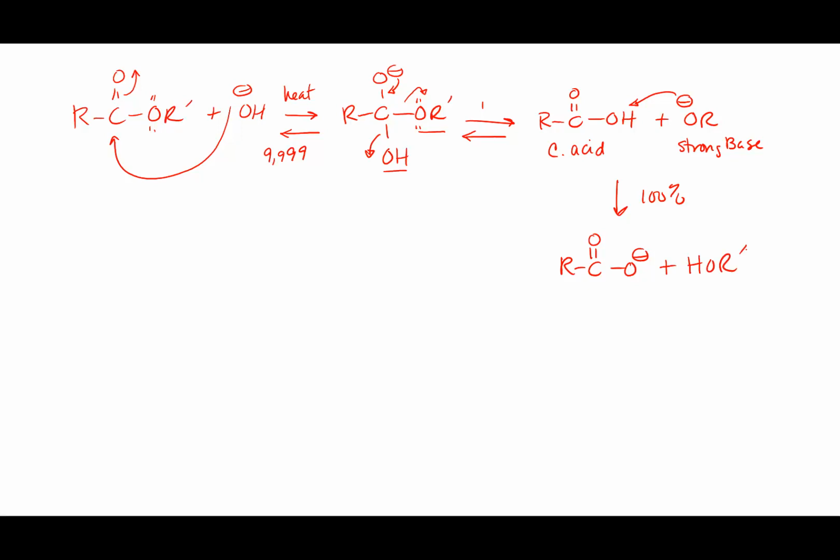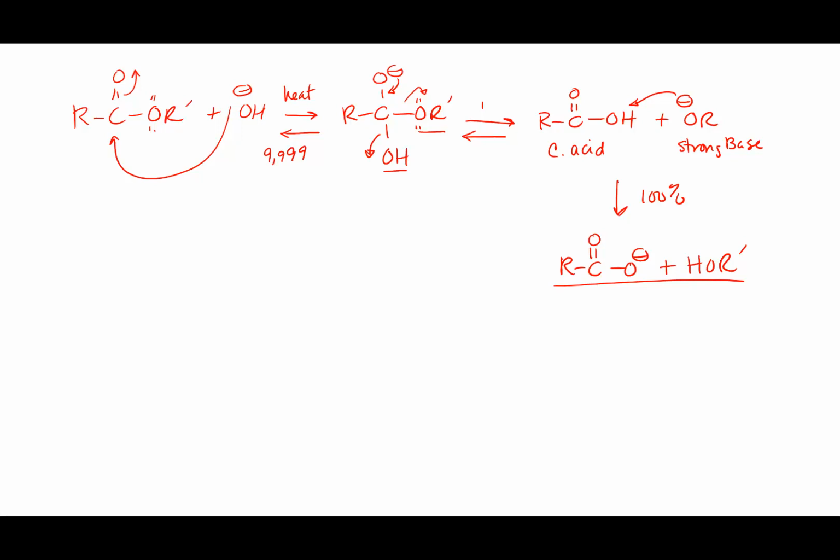Well, that reaction's not reversible. So that one time you lose the OR minus, you end up with these hydrolysis products, and the reaction cannot reverse itself. So given enough heat, given enough time, every time you lose an OR minus group, it ends up forming product.